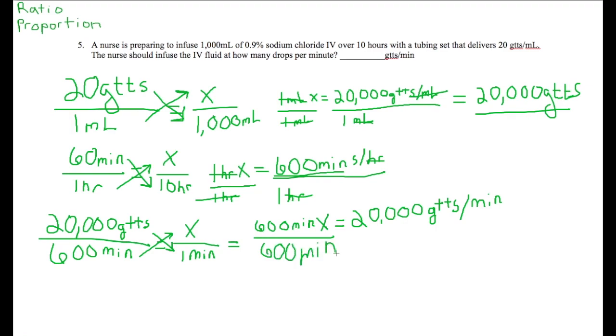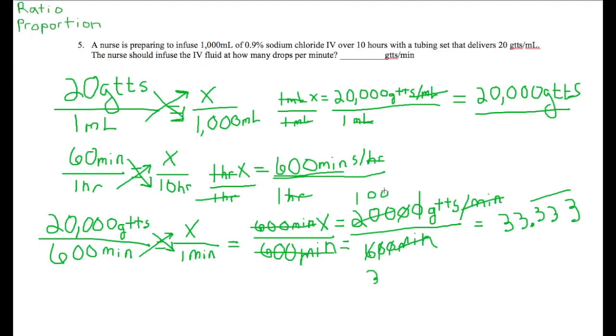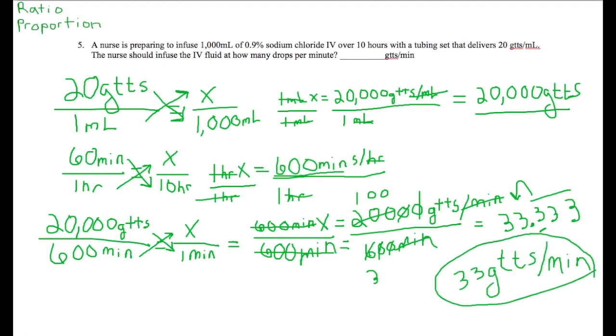We are going to divide both sides by 600 and we end up with 33.333 repeating. We cannot have a fraction of a drop, so we are going to round to the nearest whole number, which is going to be 33 drops per minute.